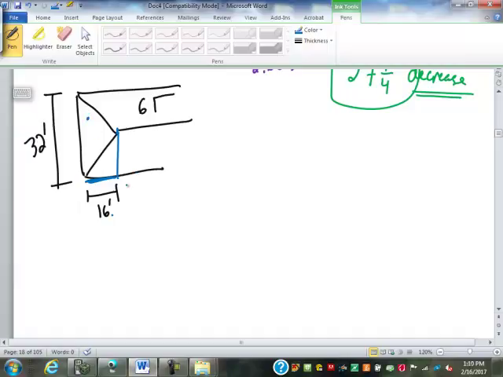So this is a conventional hip because this setback is half of the span. If the setback is half of the span, we know the slopes have to be the same. Does that make sense? Because we do this here, this is going to be 16 feet. So even if we're not told that the slopes are the same, if we're given that that setback is half of the span, we know the slopes must be the same.